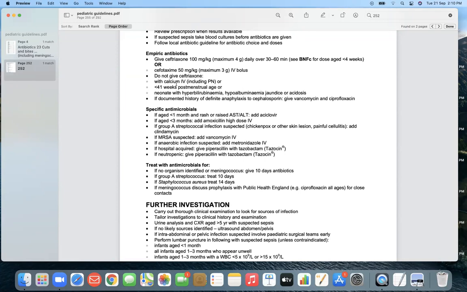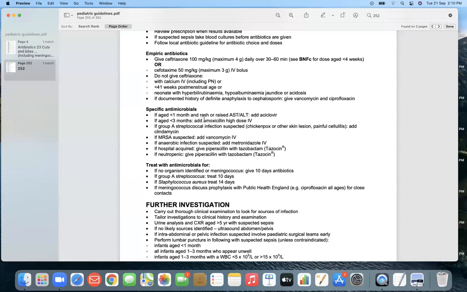So along with ceftriaxone or cefotaxime, depending upon your choice, you may need to add some antibiotics if needed. Age less than 1 month and raised AST/ALT with rash, acyclovir. Less than 3 months, along with ceftriaxone or cefotaxime, you will add amoxicillin or ampicillin.